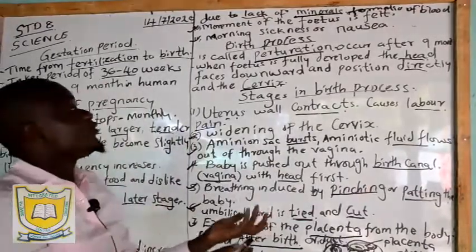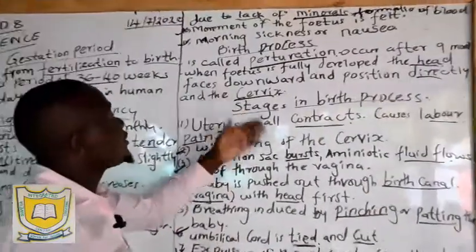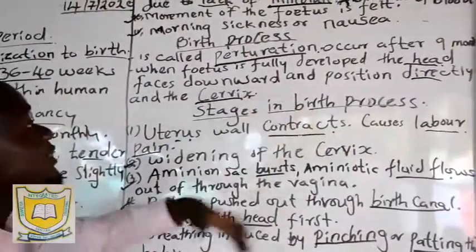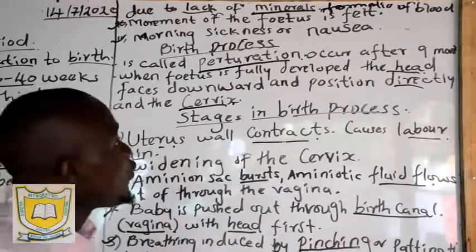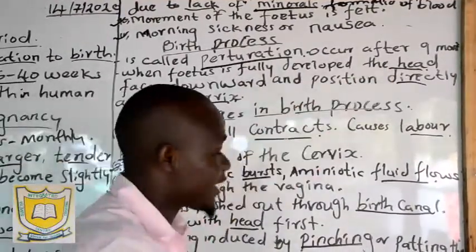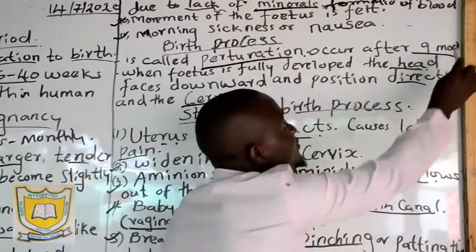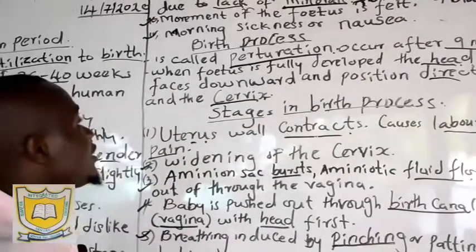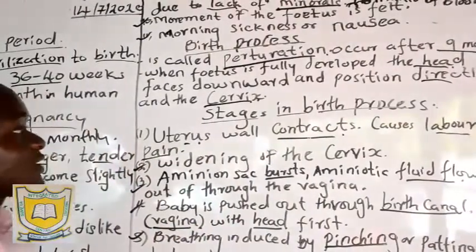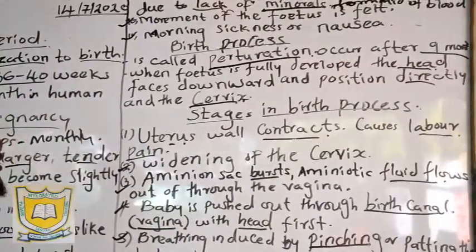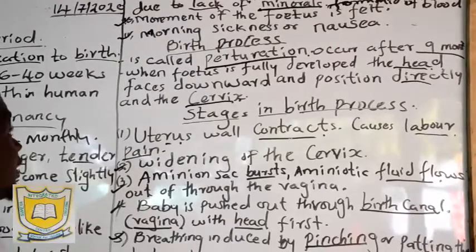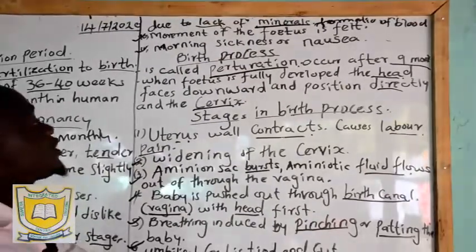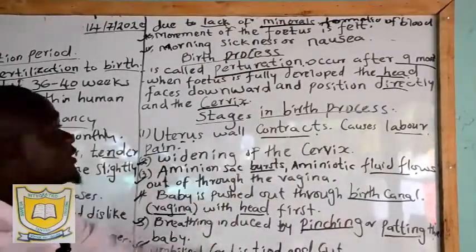If somebody asks you what is parturition, parturition is the process by which a baby is taken outside the womb after 9 months. If it is before 9 months, that is unusual, and the baby has to be taken under artificial care so that he or she can develop and finish the 9 months.